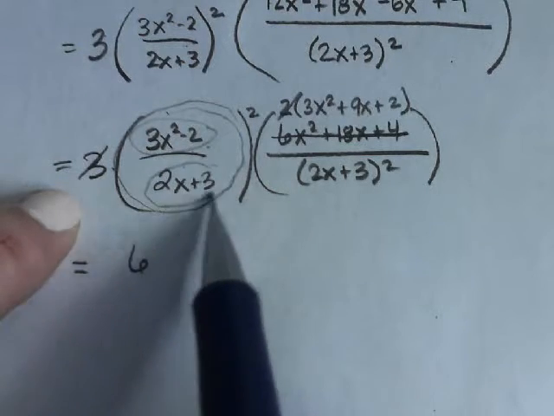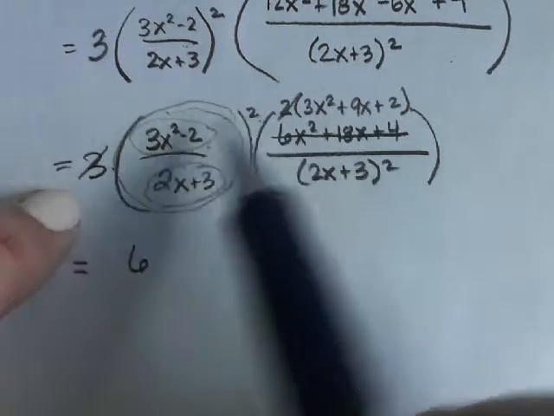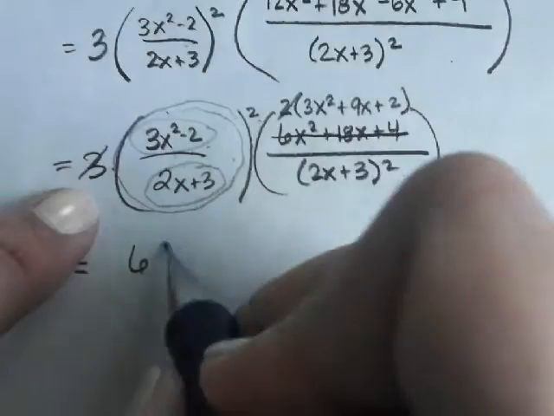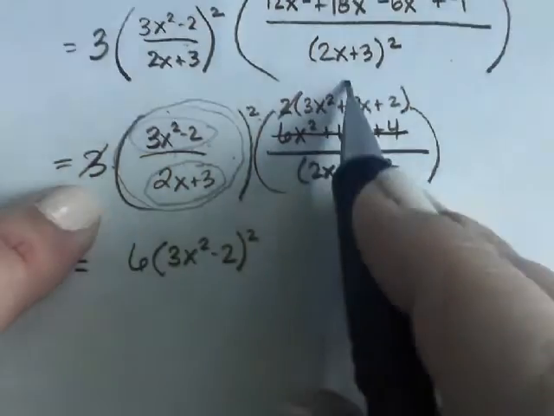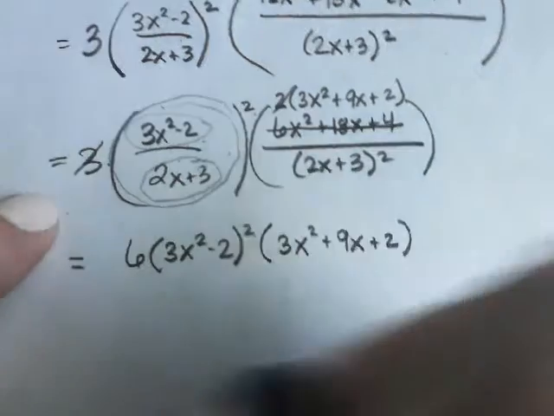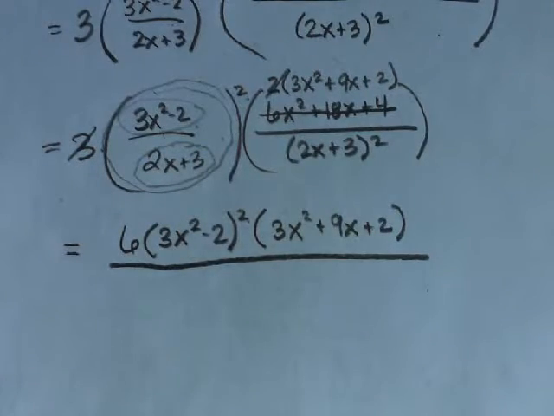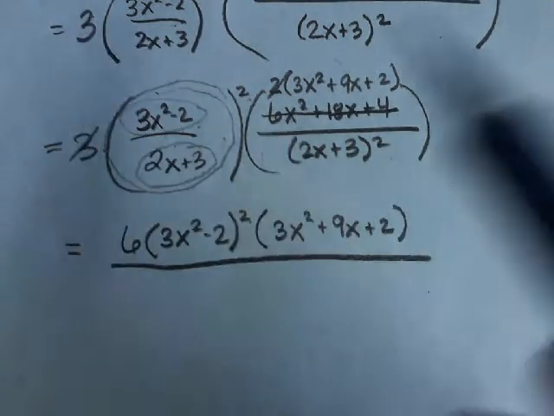So then the next piece of my numerator is going to be this 3x squared minus 2 squared, followed by the trinomial that was not factorable. Well, that's my numerator. And my denominator is what? Not cubed. We just missed out on, it's the 2x plus 3 squared and the 2x plus 3 squared, which is going to make 2x plus 3 to the 4th.